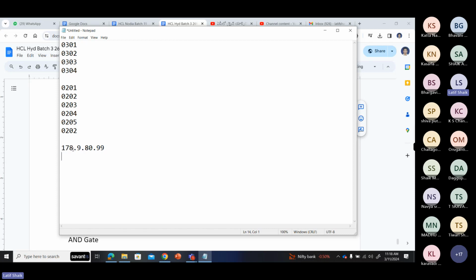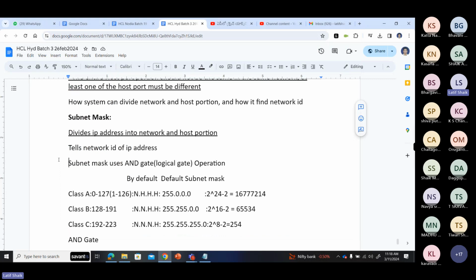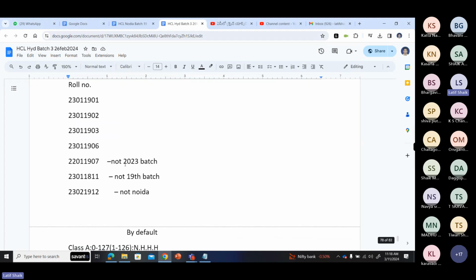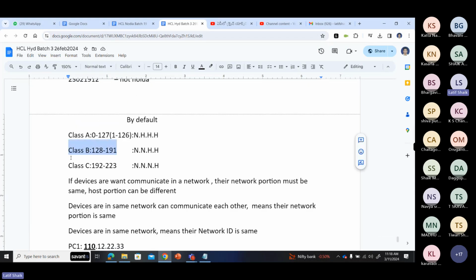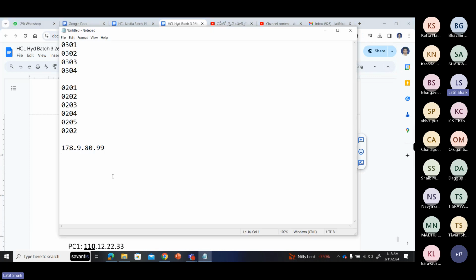It's 178, class B. Just check: 178 is in between these two numbers, so it's a class B. We know for class B, what is the network portion? 178.9 is the network portion and 80.99 is the host portion.